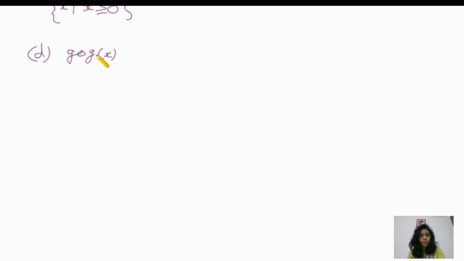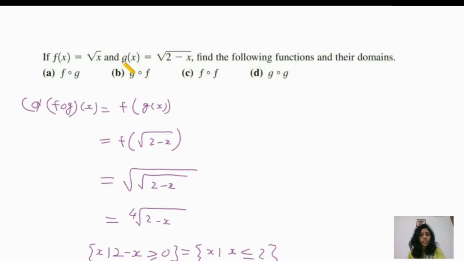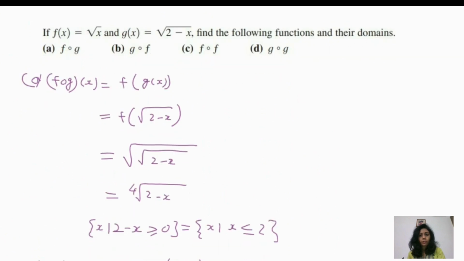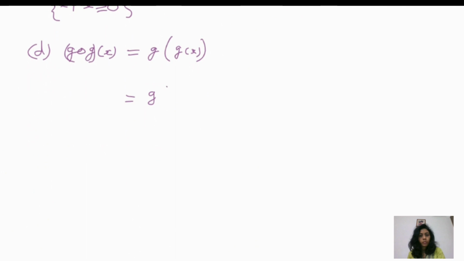Okay. Now D question, g o g (x). So here, what is our g(x)? g(x) given is square root 2 minus x. Square root 2 minus x. Okay.